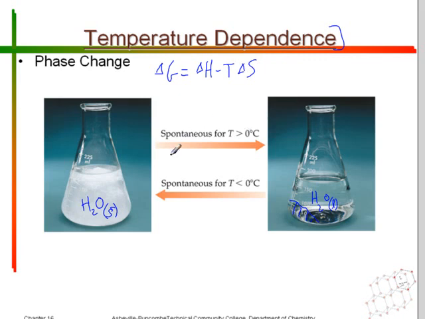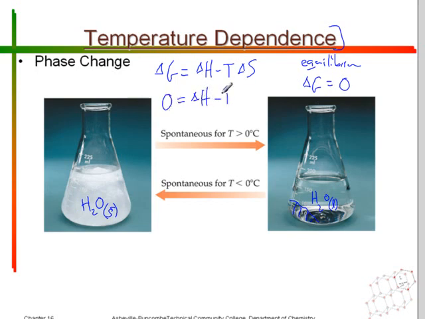For this process, we're going to describe this as an equilibrium. We're at a constant temperature. There's a certain amount of ice, and there's some liquid here. Delta G is 0 at an equilibrium process.